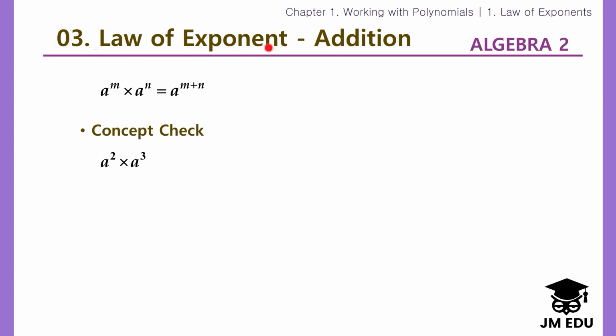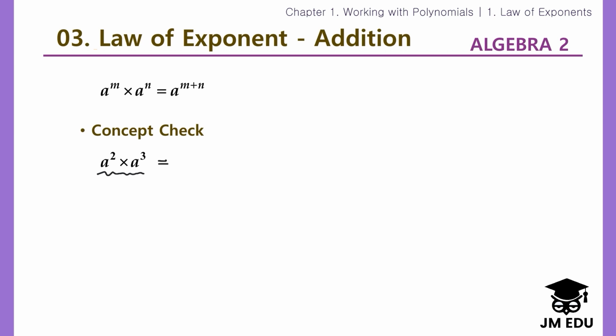Law of exponents. Addition. Let's say we have the expression a to the power of m times a to the power of n. When the bases are identical, all we can do is add these two exponents, just like this. Let's say we have a squared times a cubed.